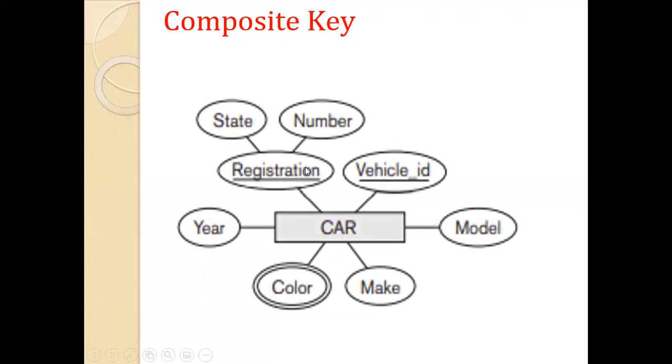For example, if I take a car entity type, then to identify the car uniquely, registration number and vehicle ID. Both are unique here. Registration number for each car is unique and vehicle ID is also unique. We can identify a car uniquely with the help of these two key attributes. Now the combination of these two key attributes is referred to as a composite key.